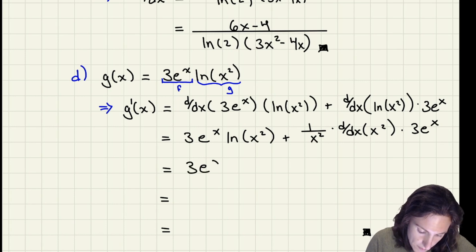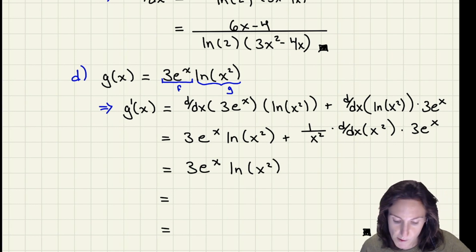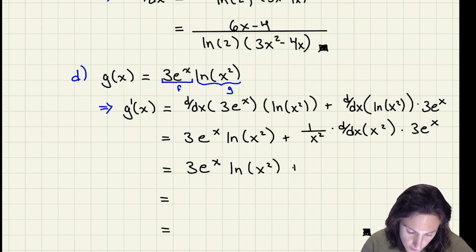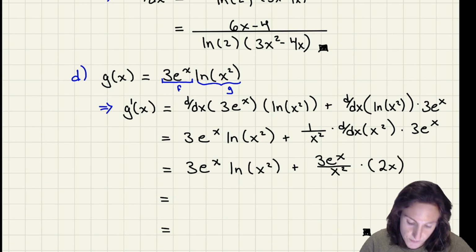So I'm going to rewrite what I have here, 3e to the x ln x squared. I'm going to bring that 3e to the x out front with the x squared. So 3e to the x divided by x squared, and then I have times 2x.